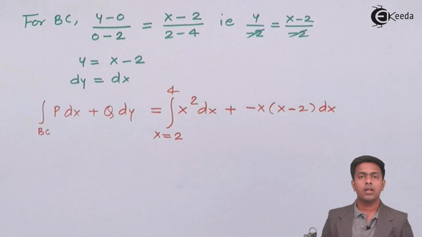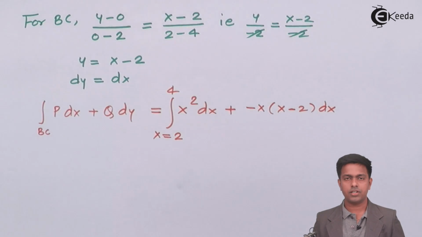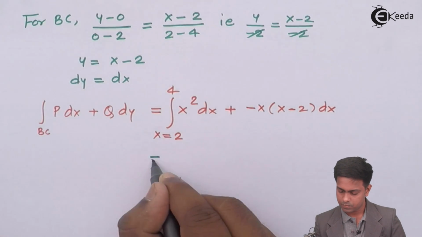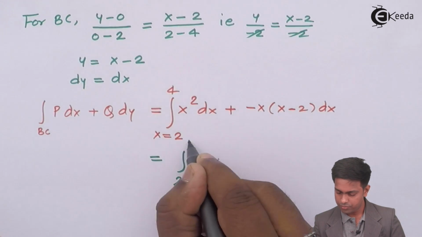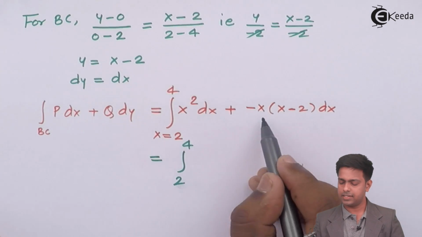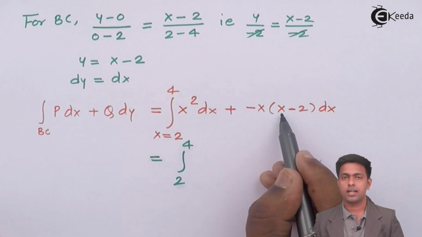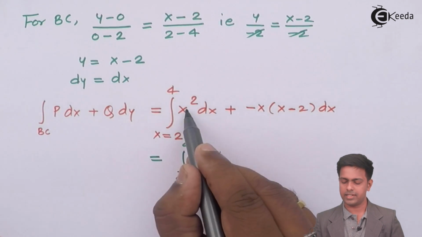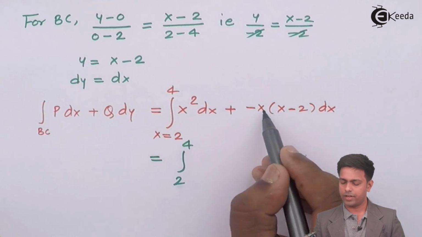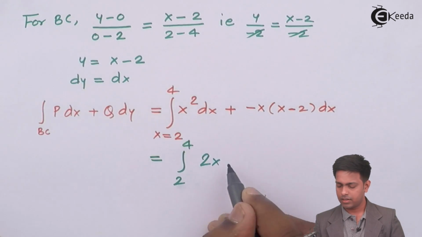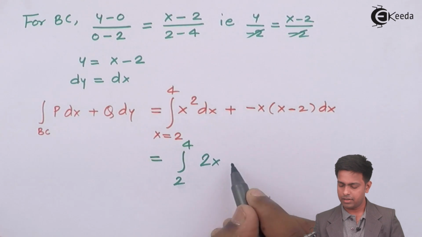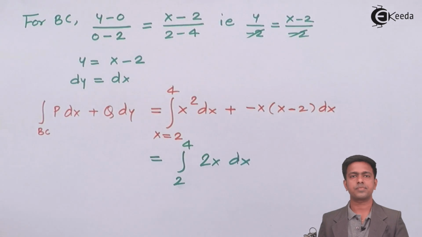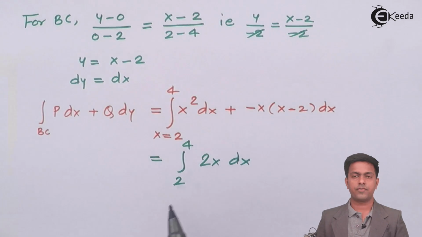Now let's evaluate the integration. So this will become integral 2 to 4 of x square as it is, this is negative x square and positive 2x. Now negative x square and this x square will be cancelled and we will get only positive 2x dx. So let's find out the integration.